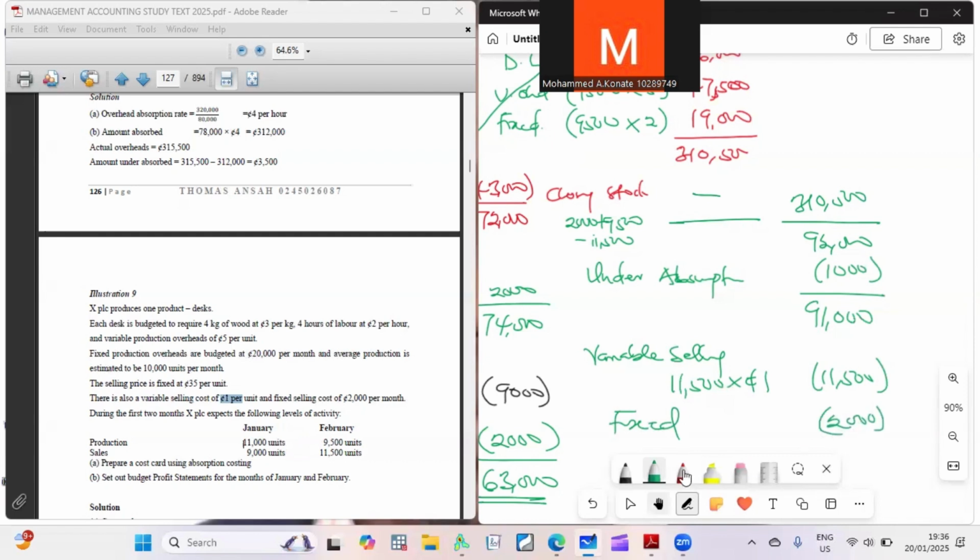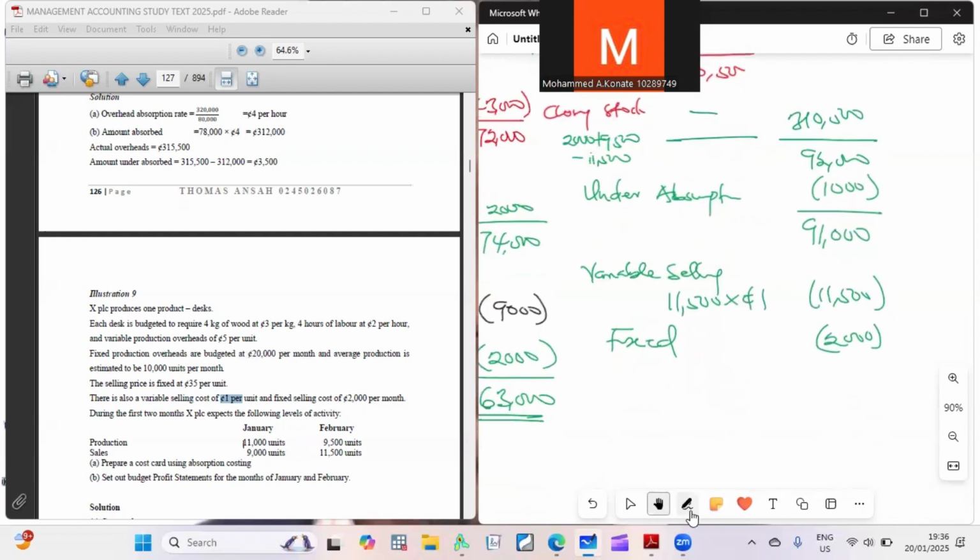And so when you less everything together, minus 91 minus 13.5, the figure there is 77,500.